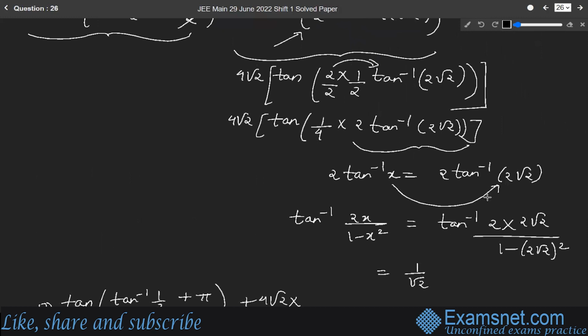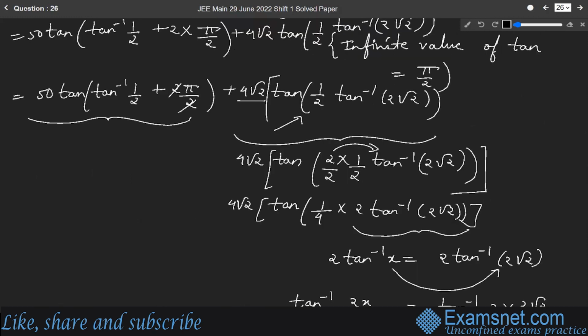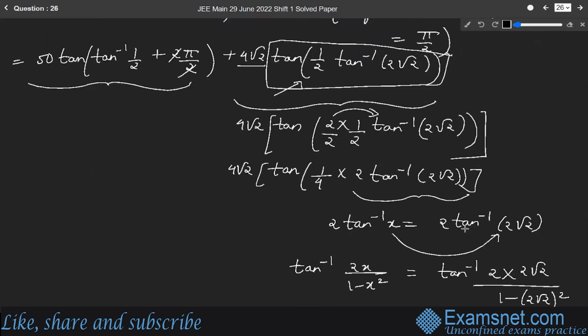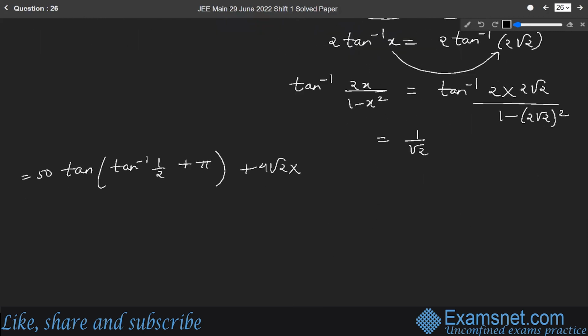Now we know that the value of this particular expression is 1 by root 2. So in the place of this expression, we have 1 upon root 2. All right. So root 2 and root 2 will be cancelled. Now the remaining terms are 50 tan into tan inverse 1 by 2 plus pi. All right. And plus 4. 4 into 1 is 4.